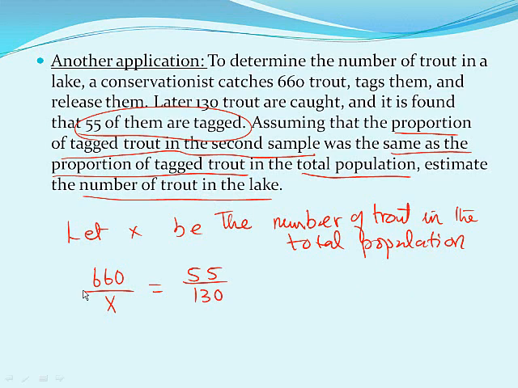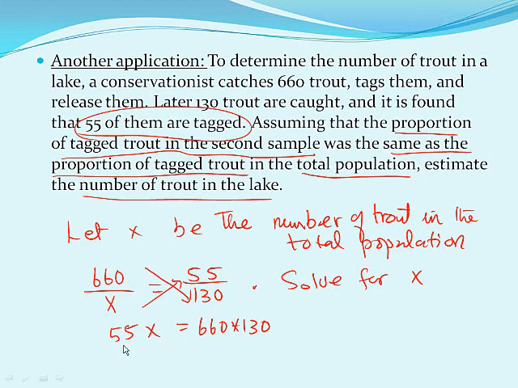So these are the two proportions equated: 660 out of x equals 55 out of 130. We are going to solve this equation for x. We can cross multiply and get the equation 55x equals 660 multiplied by 130.